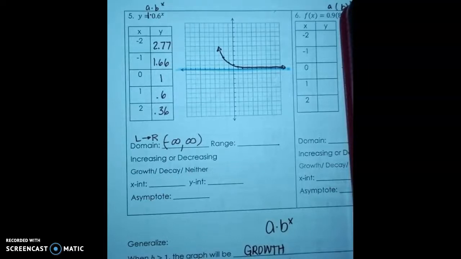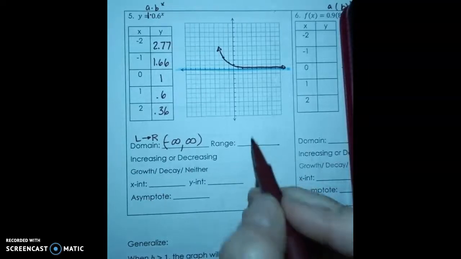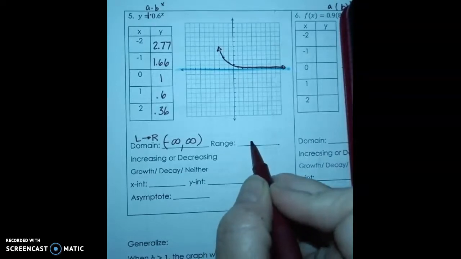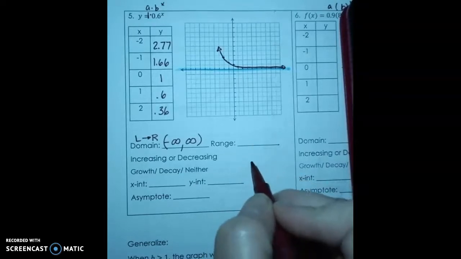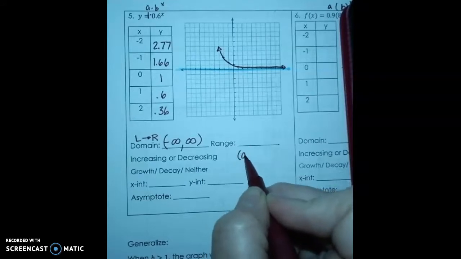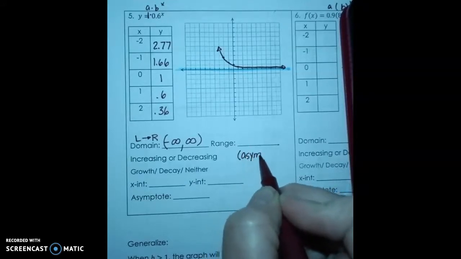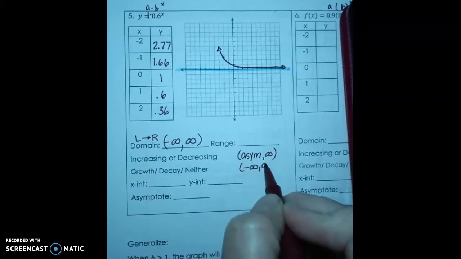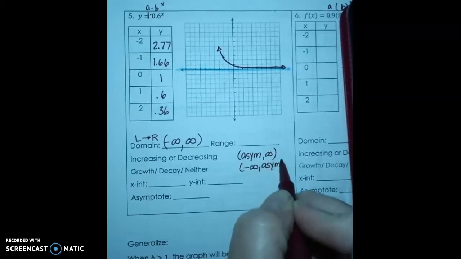The range, there's only two choices on the range, remember. It's either the asymptote to infinity or negative infinity to the asymptote. Okay?